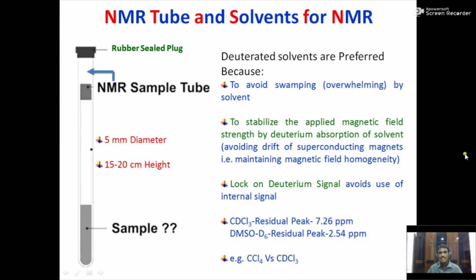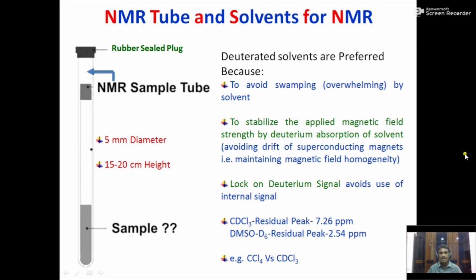So to avoid swamping, the overwhelming peak by the solvent, we have to use deuterated solvents. Deuterium gives its signal in a different frequency region, so we don't have to bother about it. It will not interfere in the proton NMR spectrum.